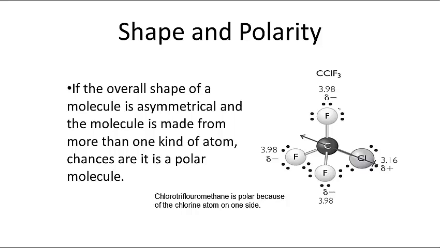This is a little more complicated than what I'm going to ask you, because Cl is still more electronegative than C, so you might think it would be partially negative, but because the F is so strong, it's not. But asymmetric, with more than one kind of atom, it's probably going to be polar.